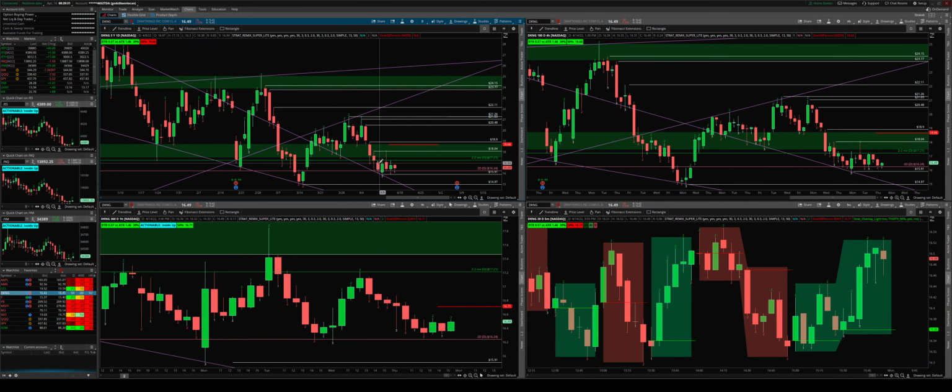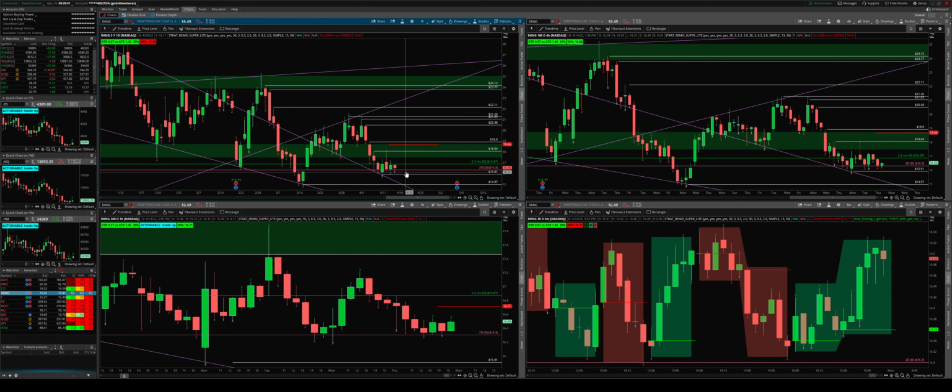So we've been sitting in some consolidation right now, a little unsure of which way to go. As we can see, price has just been going sideways throughout each day. So we do have a 2-1 setup, a 2-1 up and a 2-1 down.